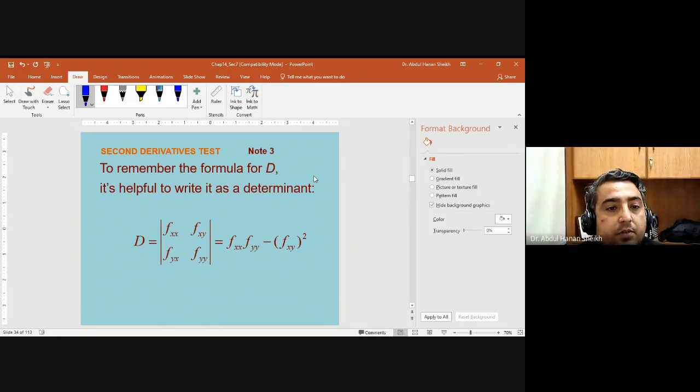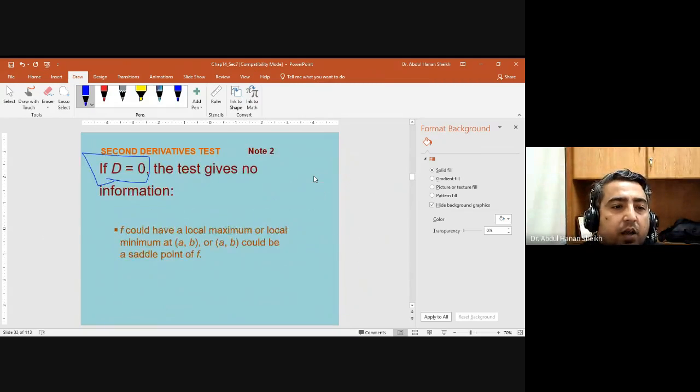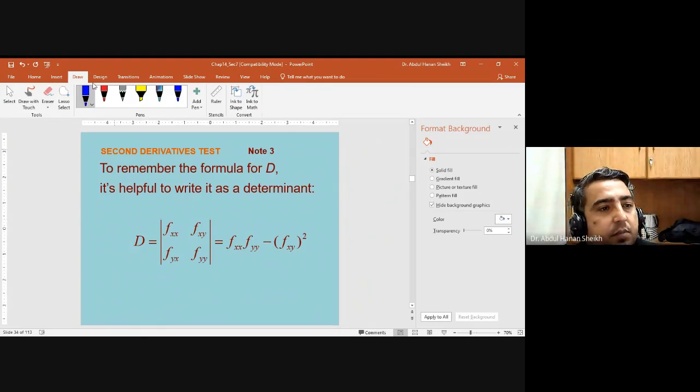Now just remember the formula of D. It is simple: f_xx times f_yy minus f_xy squared, or you can write it in determinant form: f_xx, f_xy, f_yx, f_yy, and this is equal to D.